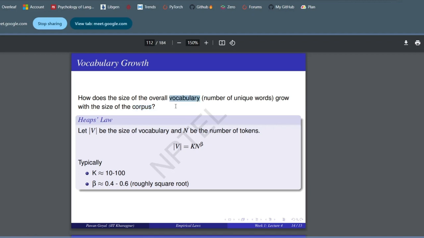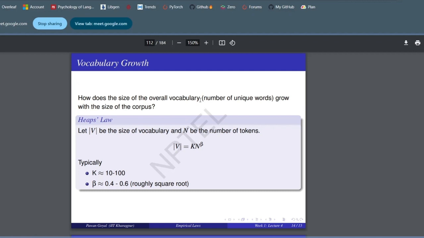And now we are asking how you would correlate the size of the overall vocabulary. The vocabulary of any language is fixed, the number of unique words in the language. For English, there's a certain number of unique words, for Hindi, a certain number of unique words.